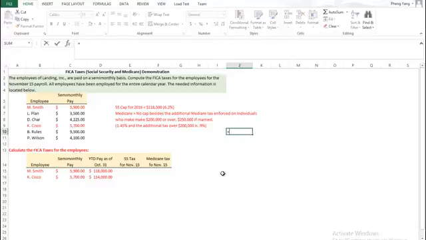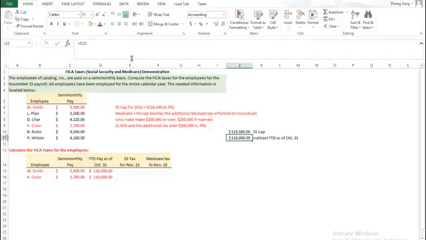I'm going to take the $118,500, which is the cap, and I'm going to subtract the year-to-date pay as of October. So I'm going to just write these notes down here.